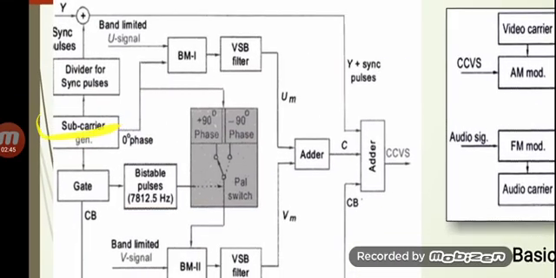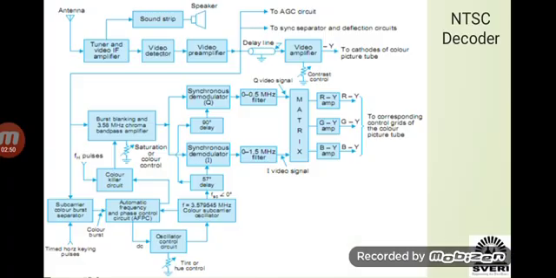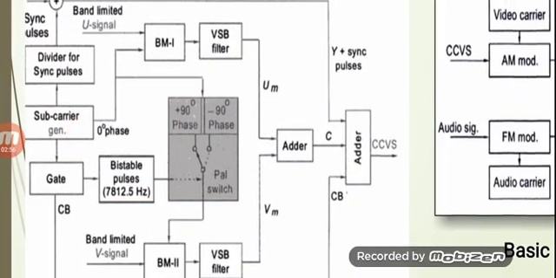And what exactly we do here in case of PAL system is, if you can see here in this diagram, the subcarrier will be generated, then the same subcarrier will be used for this balance modulator 1, where signal U will be modulated. So it will be a simple modulation of a modulating signal and a carrier signal here.